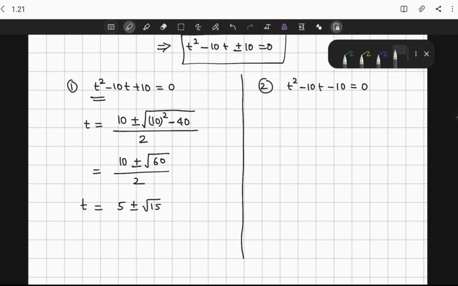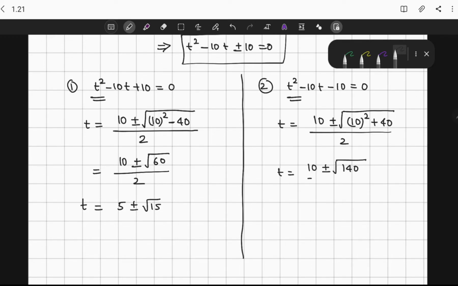This is the value of t we will get, and from the other quadratic equation we will get t is equal to 10 plus minus square root of 10 square plus 40, divided by 2. From here we will get t is equal to 10 plus minus square root of 140, divided by 2. So we will get t is equal to 5 plus minus root 35.